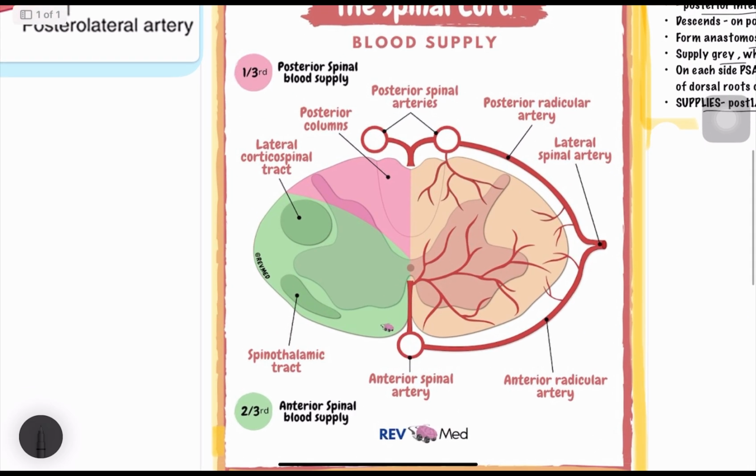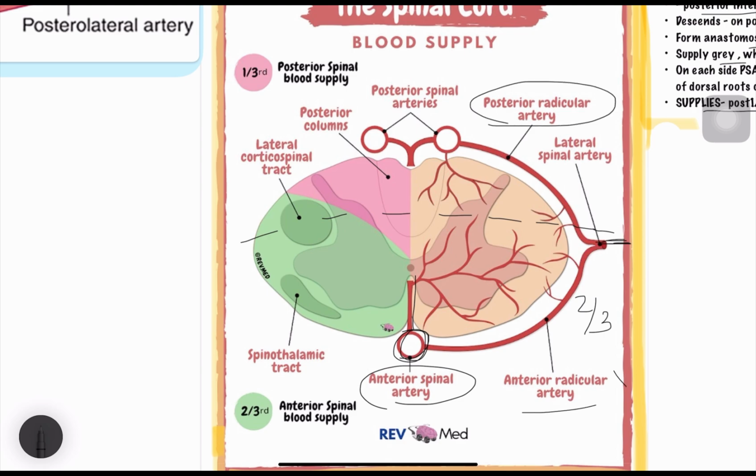And over here we can revise the anterior spinal artery. We can locate the anterior spinal artery, giving off the blood circulation in the anterior 2/3 of the spinal cord, and these are the lateral spinal artery or the segmental artery, which gives off the radicular arteries, posterior and anterior, which are mainly reinforcing blood in the anterior and the posterior spinal arteries.